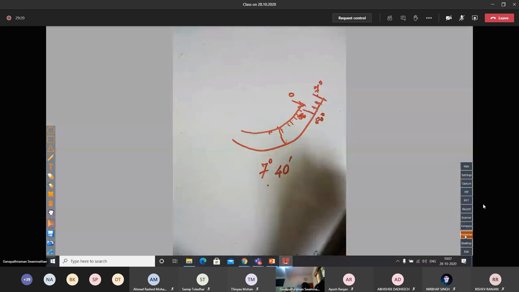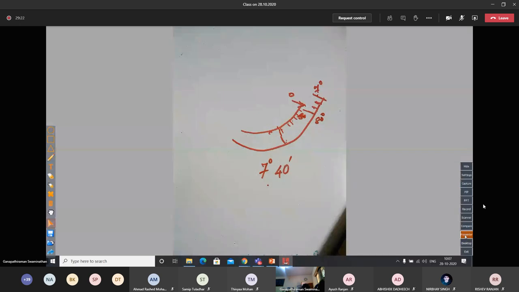Suppose the 8th division of the vernier coincides. 8 into 20 is 160 seconds.